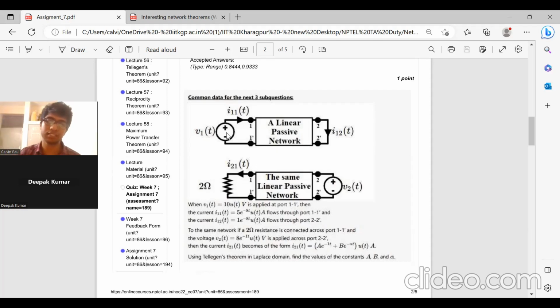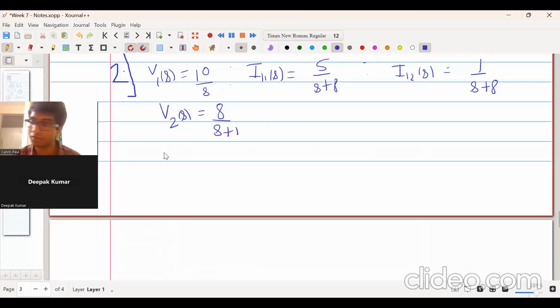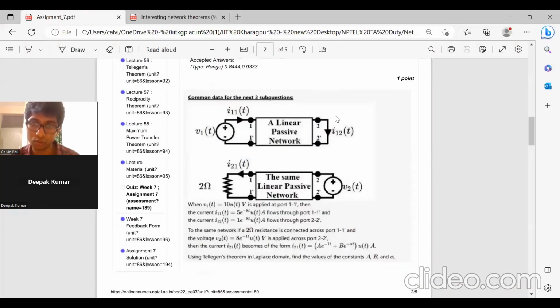So now we will apply Tellegen's theorem. It will be v1 of s into I21 of s. I21 of s should have been in this direction, but it is going in this direction, so it is positive only. Plus this voltage is 0, into this current. We have not been given the value, so it will be plus 0 into something, so that is 0.